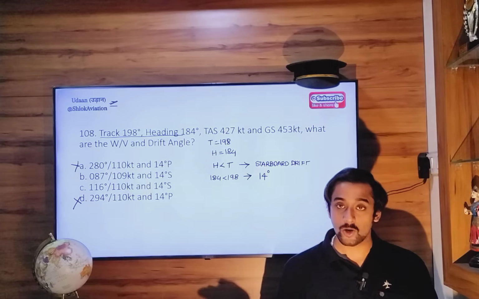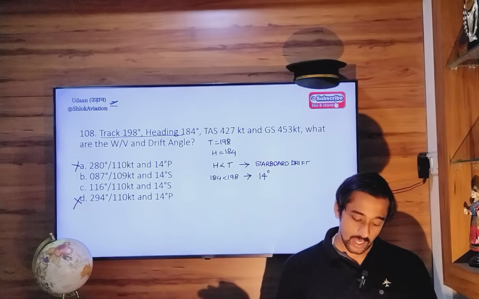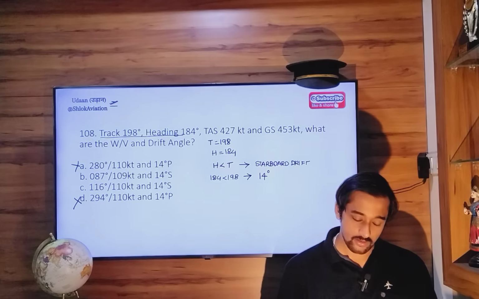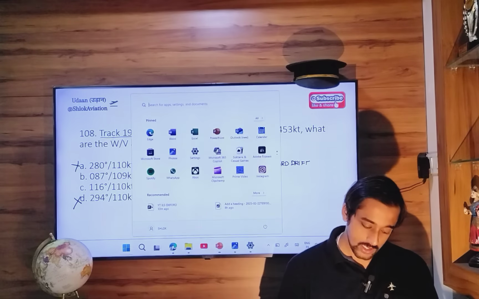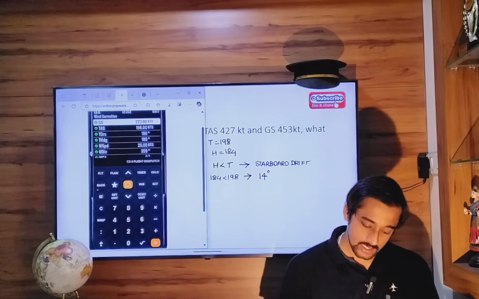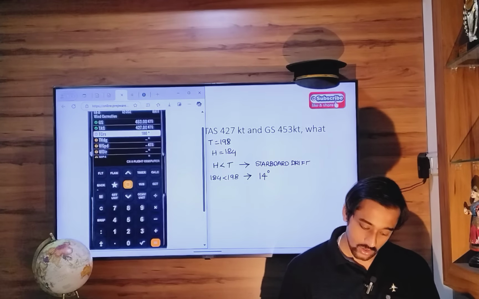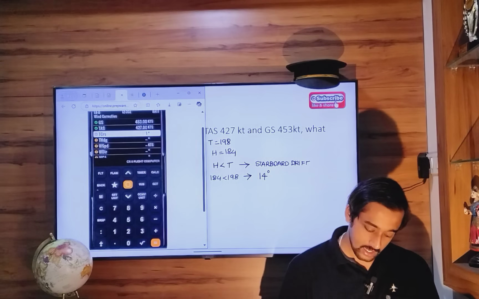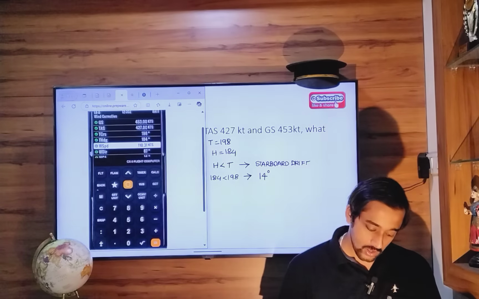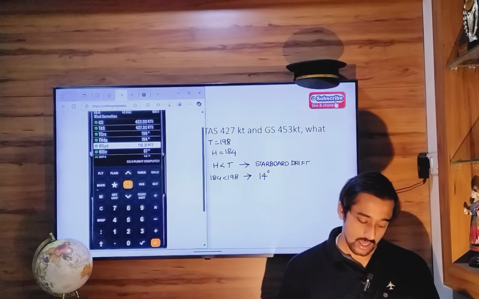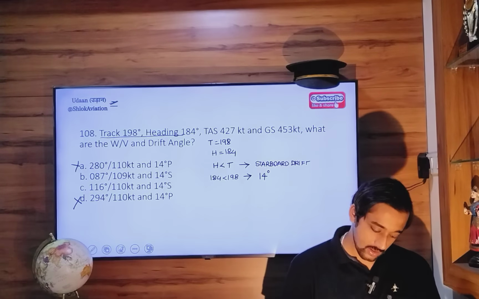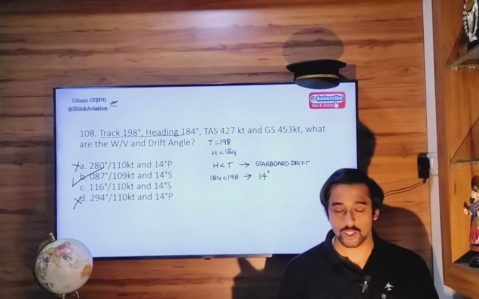We are left with options Bravo and Charlie. To find the one between them, use CX3. Ground speed is 453, TAS is 427, true course is 198, true heading is 184. So your wind speed will be 110, wind direction 87. So option B will be the correct option.